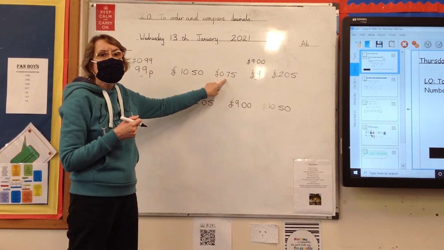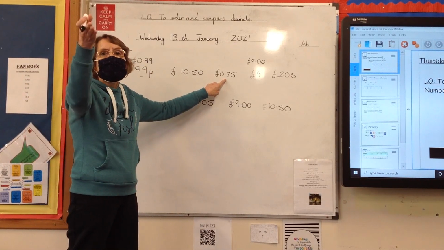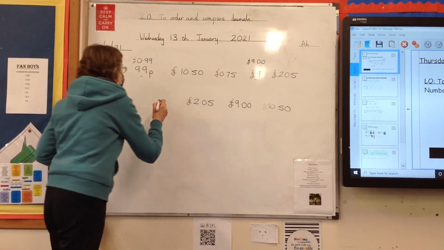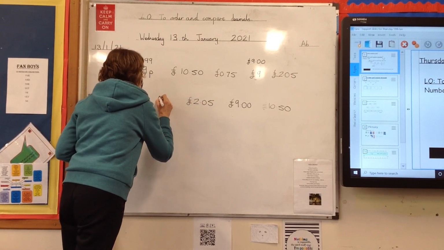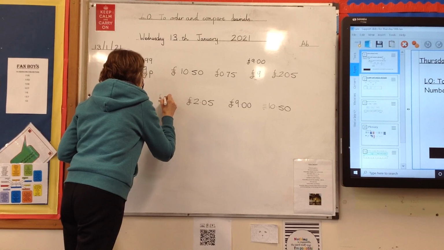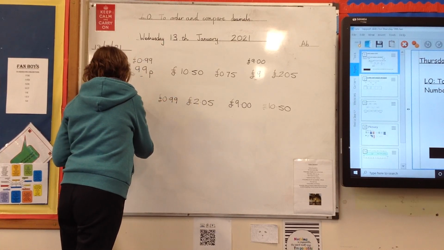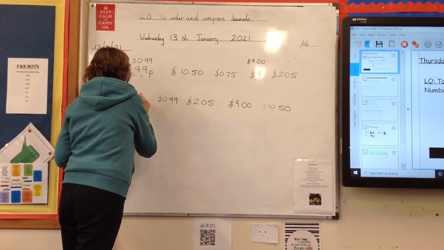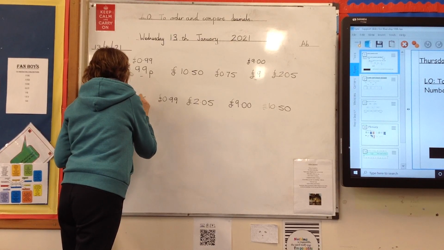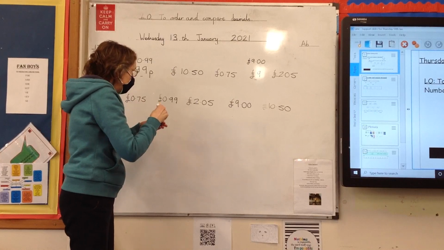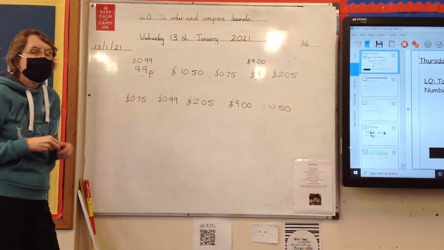So which one is going to be the larger of the two? 9 tenths will be the largest. So that will be 99. So the smallest one has got to be the 75.